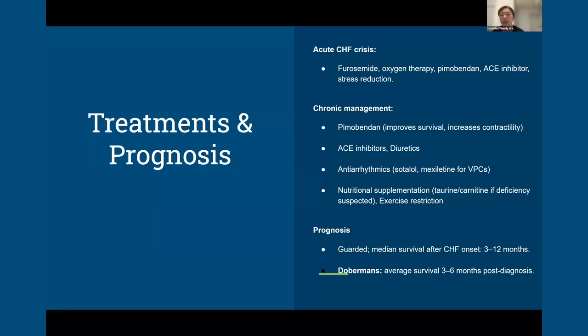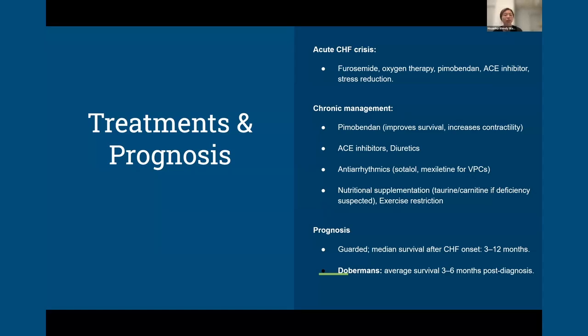Sometimes we'll give sotalol or mexiletine, but that is quite rare, because often if we can maintain the workload and we can reduce the edema and ascites, we don't really need to use this long term. And of course, the nutritional supplementation. As I was saying, sometimes DCM is related to taurine and carnitine deficiency, so that should really be added.